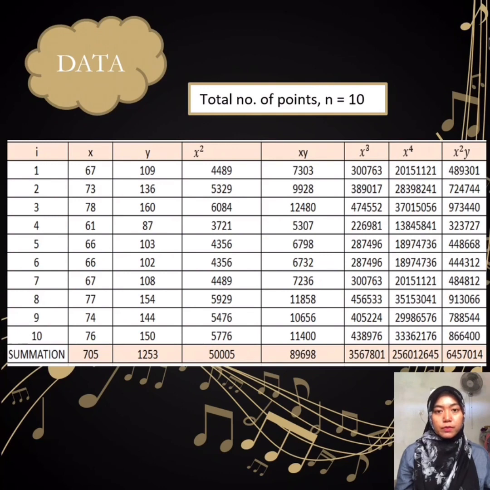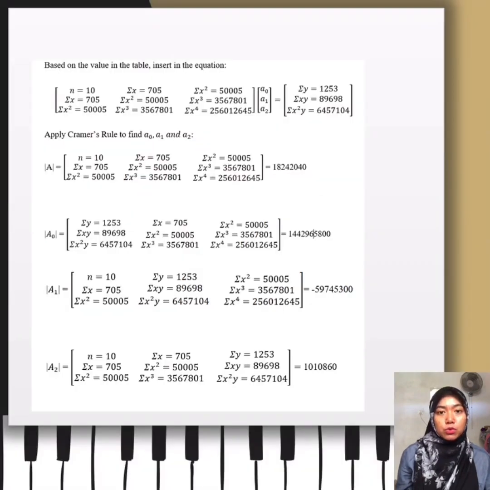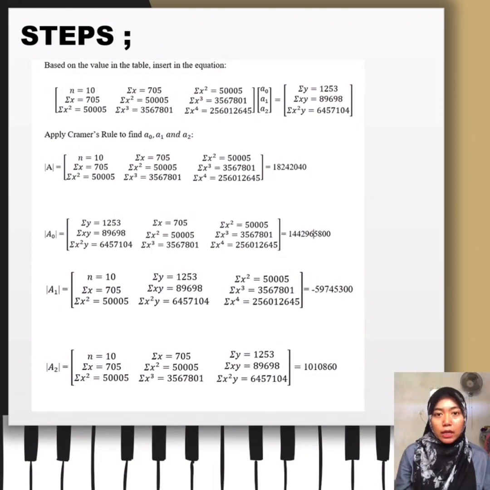We need to find the summations of x, y, x power of 2, xy, x power of 3, x power of 4, and x power of 2 y. Next, we apply Cramer's rule to find a0, a1, and a2. We need to find determinant A, determinant A0, determinant A1, and determinant A2 first. As shown, this is the result after we substitute the values in Cramer's rule.